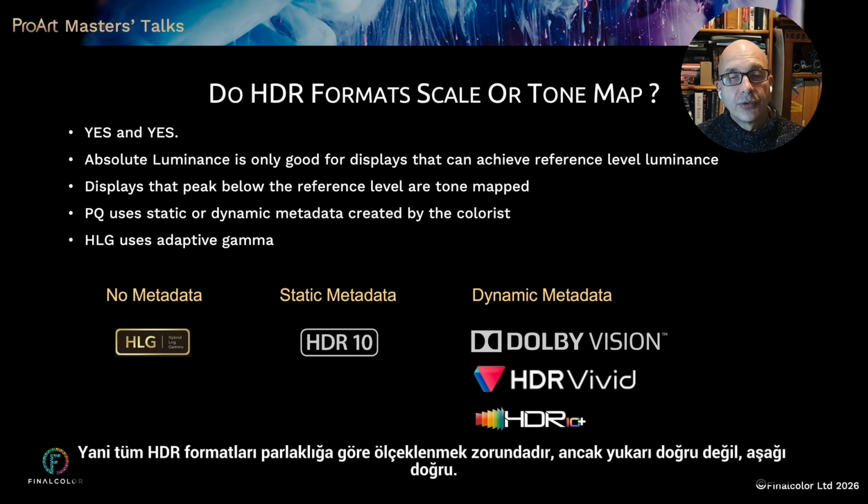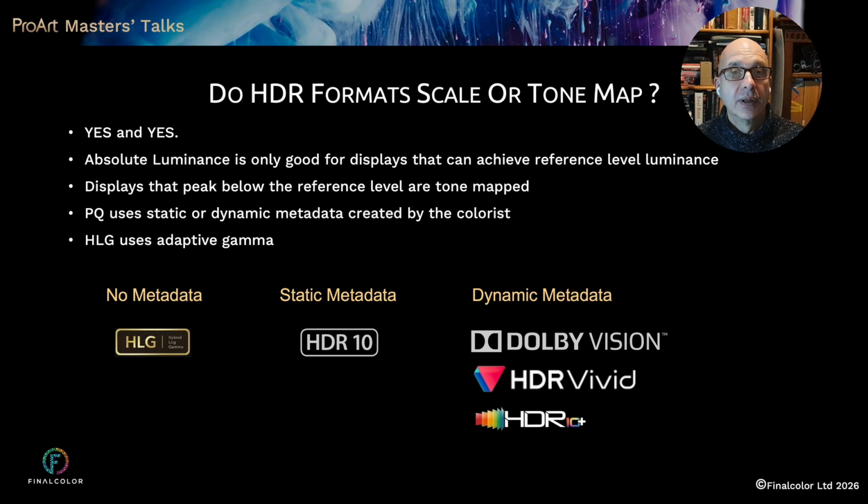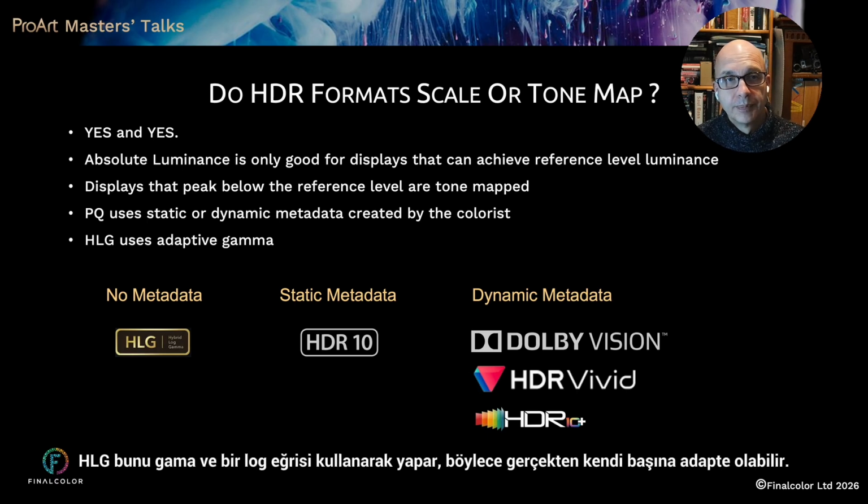So HDR formats, all of them, have to scale according to brightness, but going downwards rather than going upwards. Going upwards, they should lock off. But going downwards, we need to scale them so that we can see everything that we would have seen had it been on a 1000 nit display.